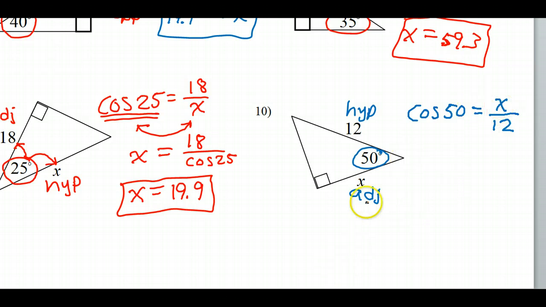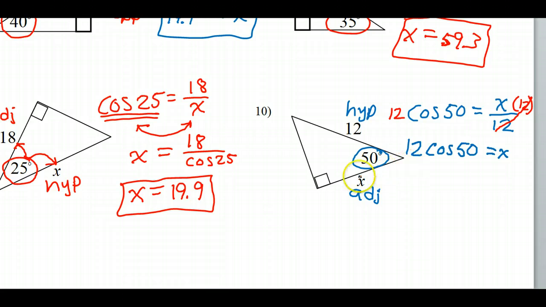So all we have to do is get x by itself. How are we going to do that? We need to multiply both sides by 12, so that those 12s cancel each other out. That gives us 12 cosine 50 equals x.